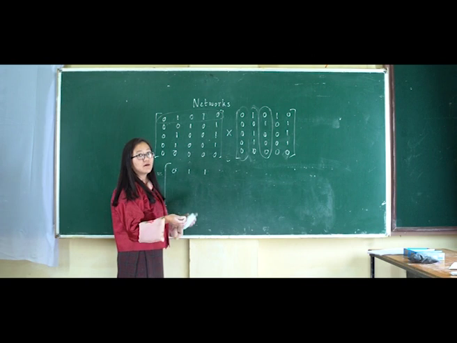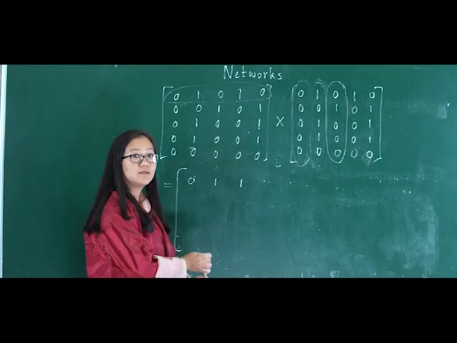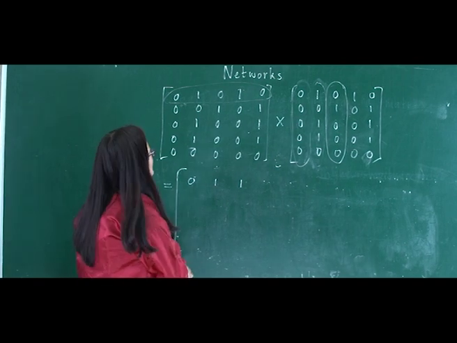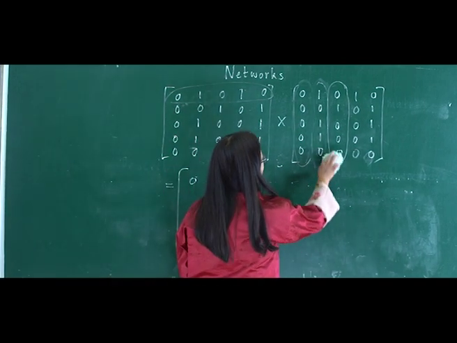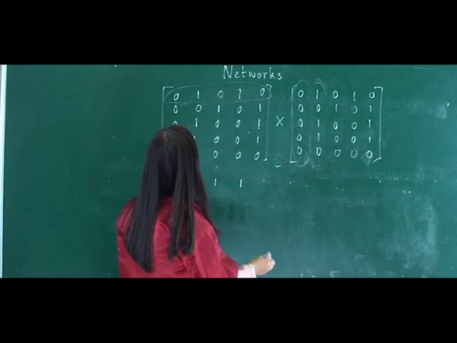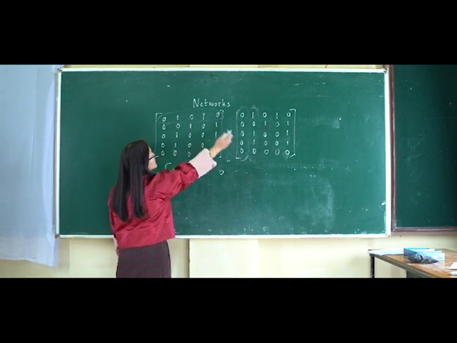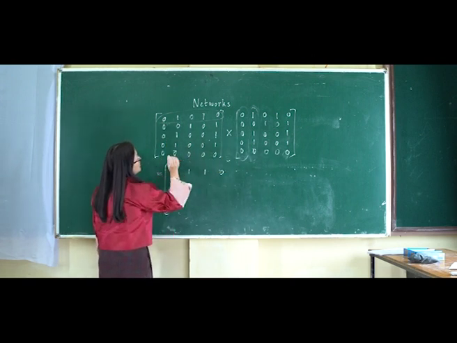As I said, I'm doing this multiplication mentally because this lesson is already taught to you. Then next I'll get 0. This with the last one, I'll get 2.